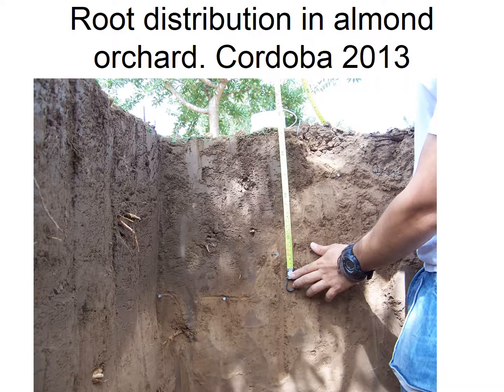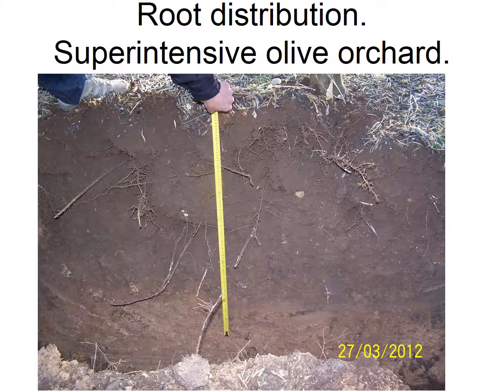This is an almond orchard irrigated using drip irrigation, and we see that the roots are concentrated in the areas wetted by the drippers. This is the same for an intensive olive orchard, and the root depth goes down to a compacted layer around 60-70 centimeters depth.